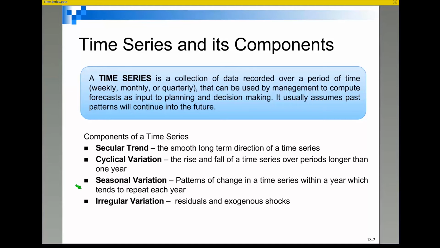So that's the seasonal variation. And the difference between cyclical variation and seasonal variation is that the first one, cyclical, is the variation rise and fall longer than 1 year. Okay, so this is over years. And the seasonal variation is the rise and fall within a year.